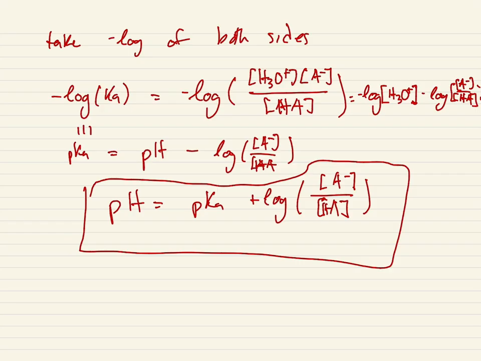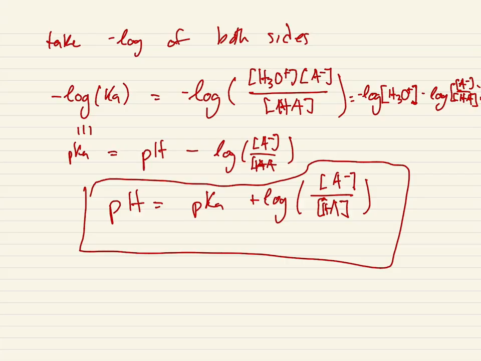And then if we start thinking about when we added a strong acid or strong base to a weak acid or weak base, how did that affect the pH of those solutions? Whenever we added a strong acid or strong base to a solution, we assumed that all of it reacted first, and then we did an equilibrium concentration.